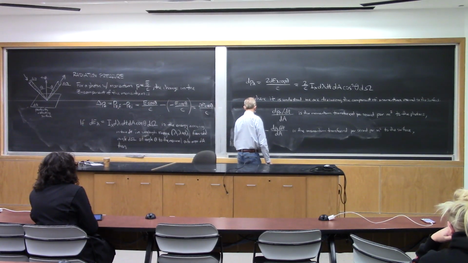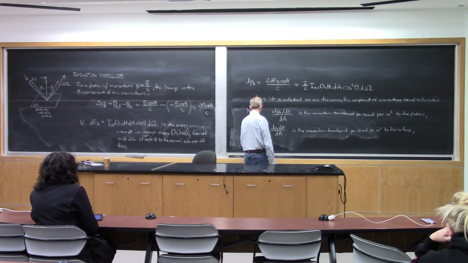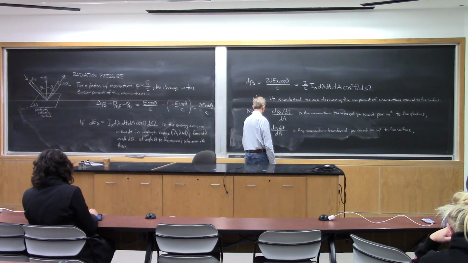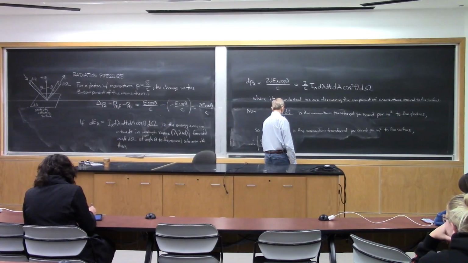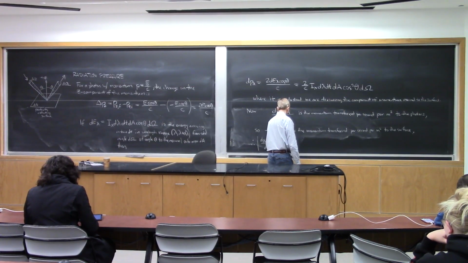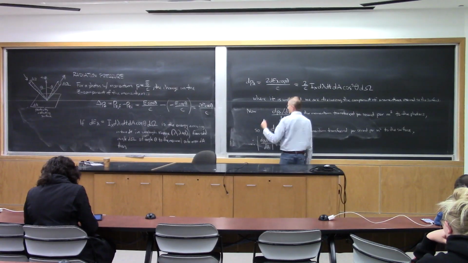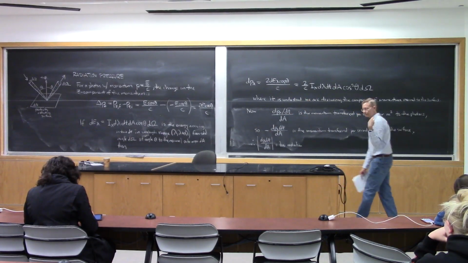So what we conclude here is that in magnitude, dp lambda dt over dA equals the radiation pressure on the surface per unit wavelength interval, right?